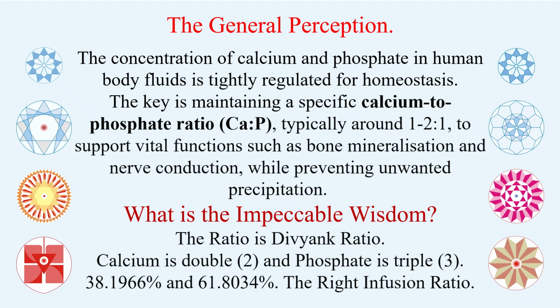Now come to the question of general perception, which I see in AI, artificial intelligence, Google and otherwise. The concentration of calcium and phosphate in human body fluids is highly regulated for homeostasis. That means maintaining the internal and external environment in equilibrium, so that you do not fall sick at all.